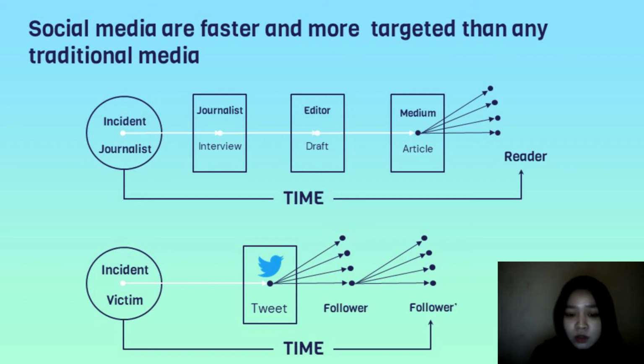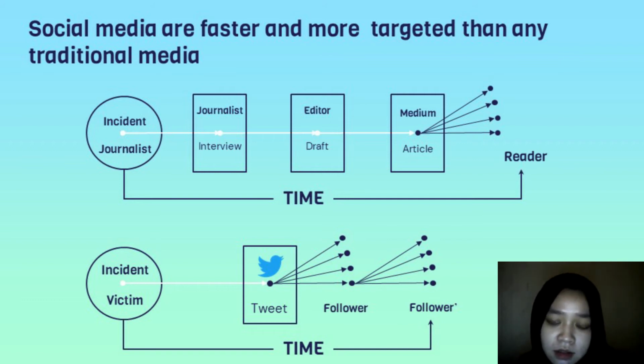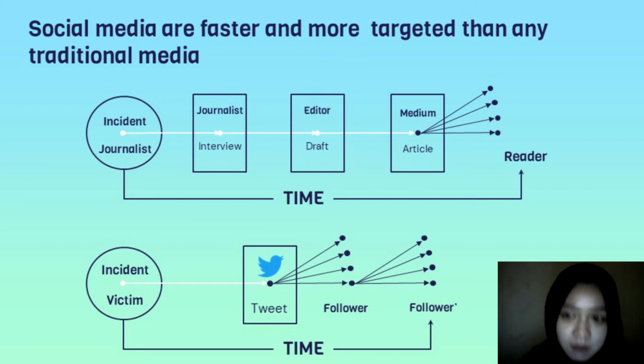And then social media. When an incident happened and there was a victim, the victim themselves will tell people the story about the incident, and they could just do it by the time the incident happened.